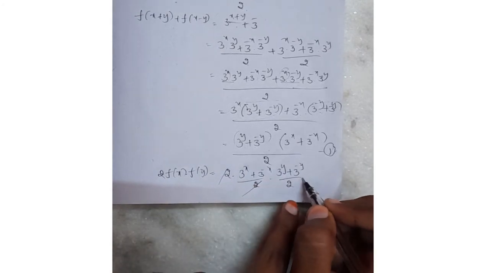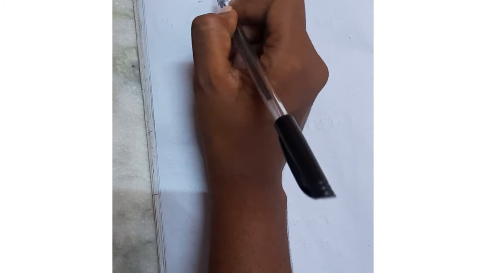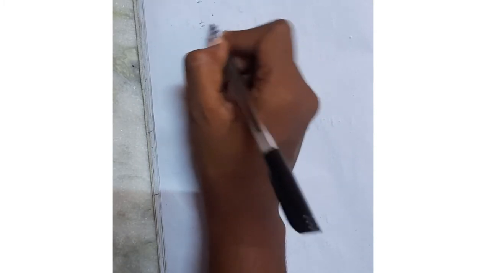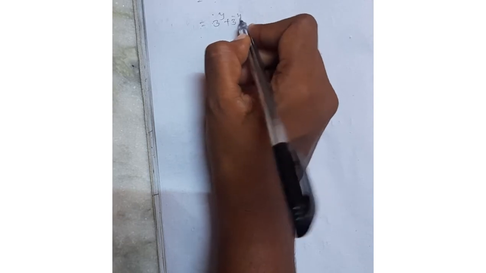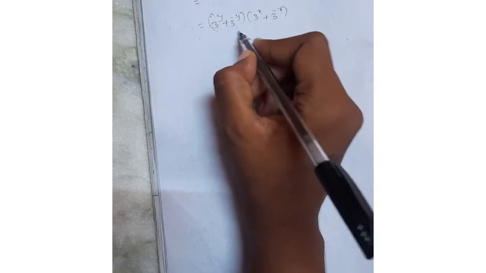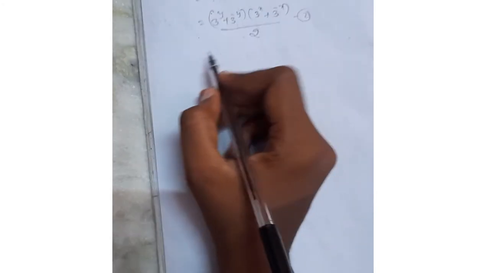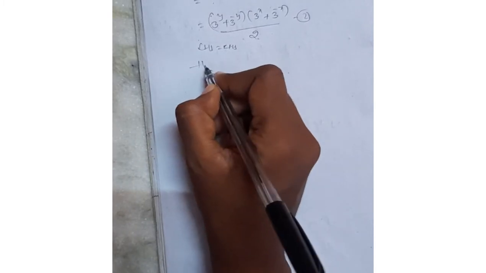So this is the same as 3 power y plus 3 power minus y into 3 power x plus 3 power minus x by 2. So from 1 and 2 we can conclude LHS equals RHS, and hence proved.